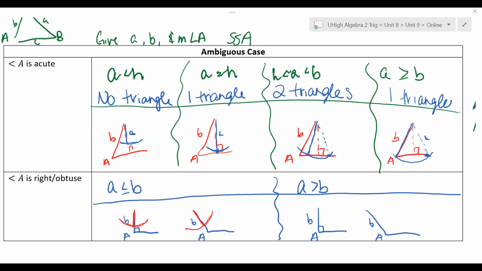We're never going to close that triangle. So just like when A is less than H with an acute angle, if A is less than or equal to B in a right or obtuse, then we are going to have no triangles.